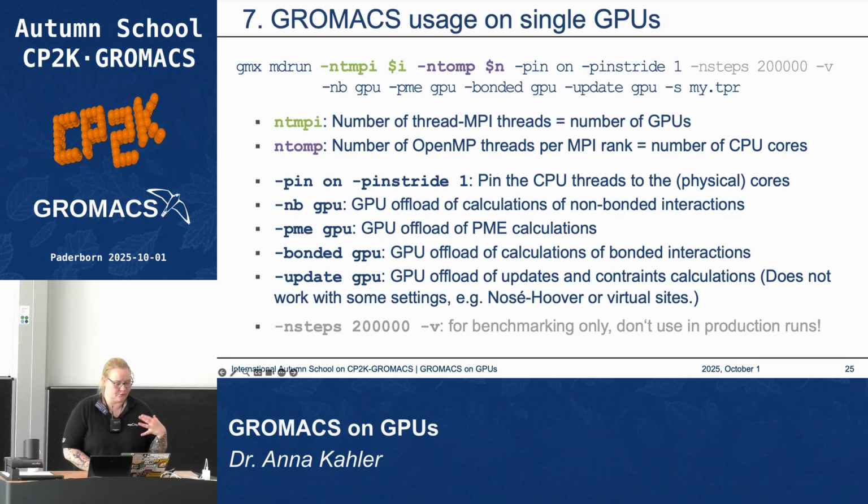So in general, for an explanation, the ntmpi that we can see is the number of thread MPI threads. MPI stands for message passing interface. And it can be a single instance on your cluster that you can then invoke with mpirun.